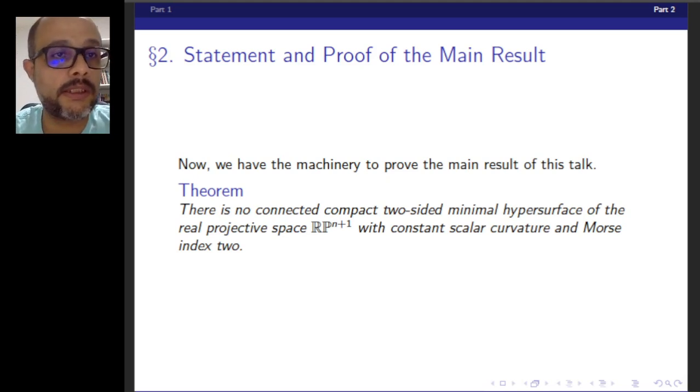In particular, in this class of hypersurfaces, you have a gap. You know that the totally geodesic spheres and the Clifford torus have index 1, and so if you assume constant scalar curvature, the next possible index is 3 or more.